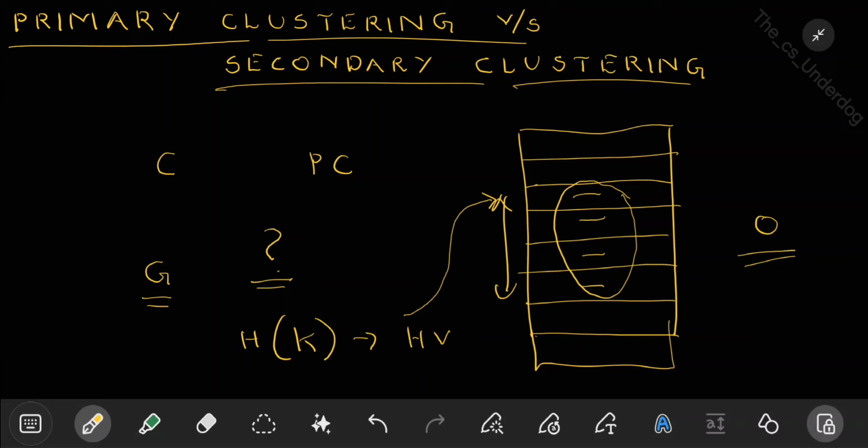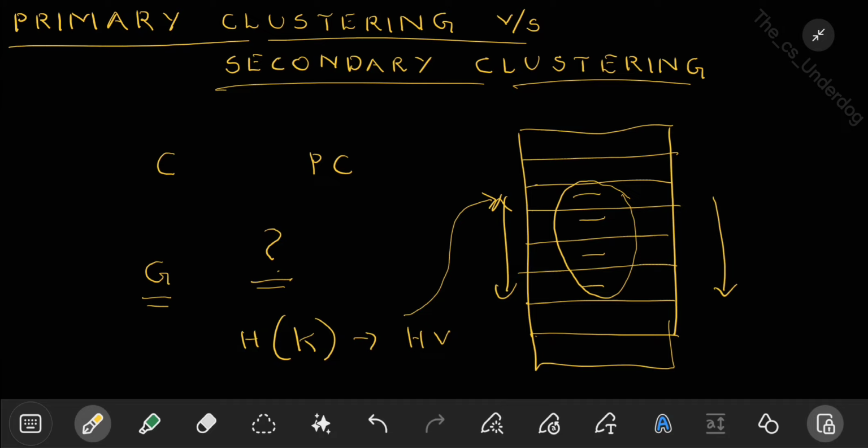Because it is occupied, you have to start a probing sequence which will look for the next available slot. Because of this probing sequence, the performance of your hashing operation will degrade. This is the reason why whenever you have a cluster in your hash table, the performance of your hashing operation will go down.